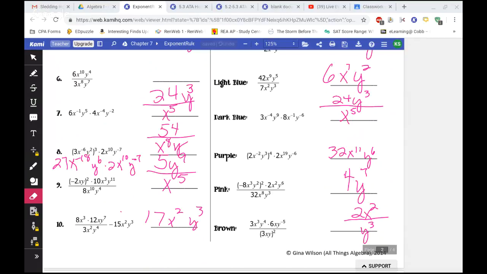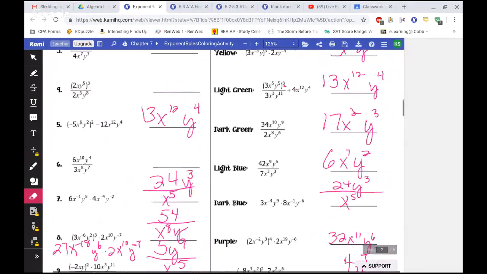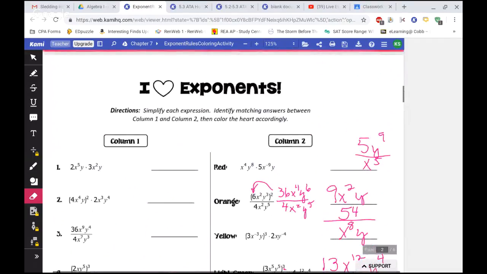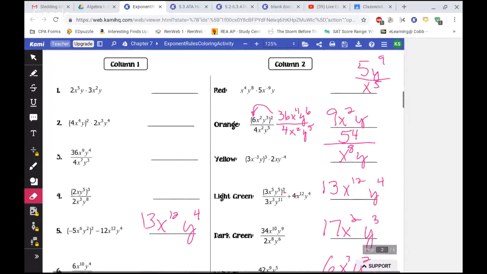Do you mind scrolling back up, please? To where? The top. All the way? Oh, that's good.